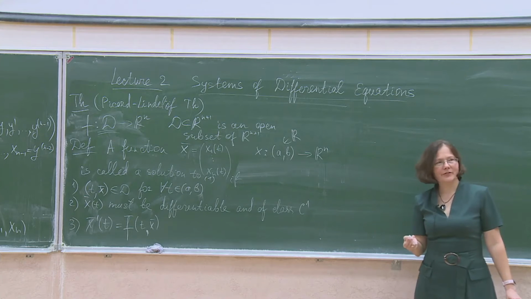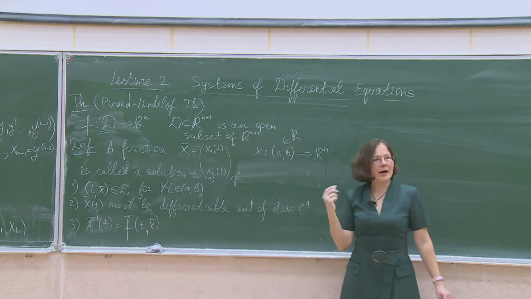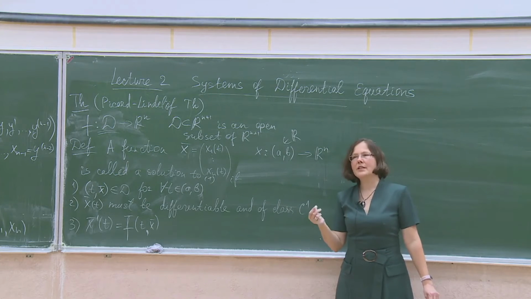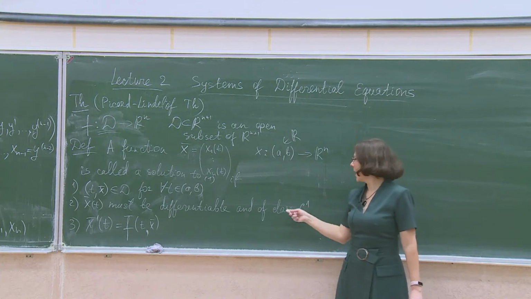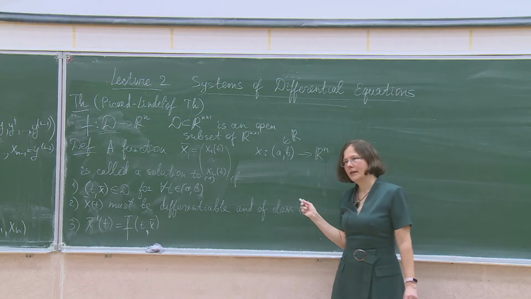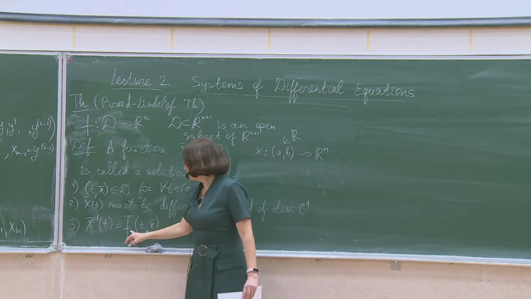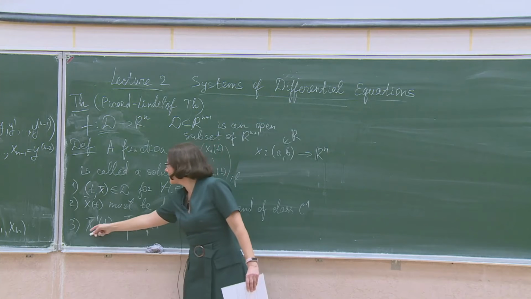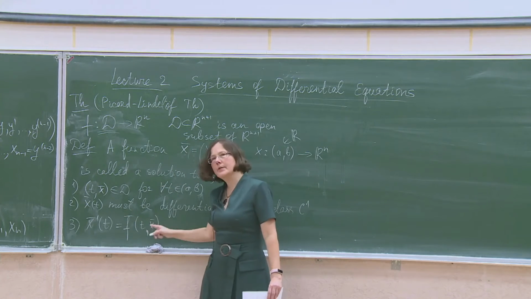If we speak about a vector valued function, then we should claim that each component of this vector function must be of class C1. So if we require that the function is continuous, you can see that the derivative, any component, must be continuous.